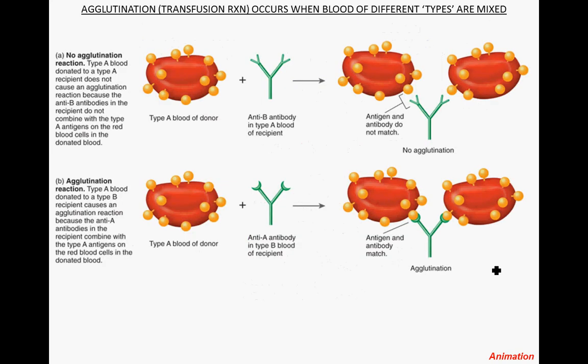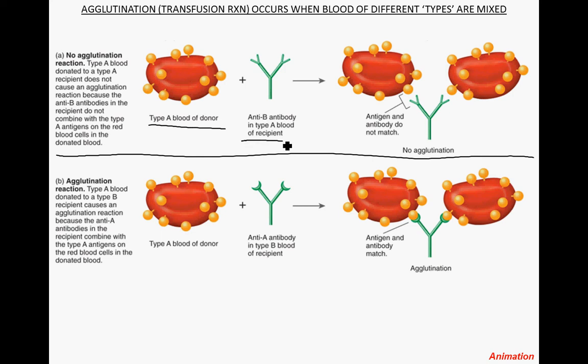Now, knowing the blood types for ABO is going to be important to prevent any sort of transfusion reaction. So if we draw a line across here and look at the top half of this diagram, here we have blood type A from a donor, and the antibody in that is going to be anti-B. So this is the blood type of the donor.